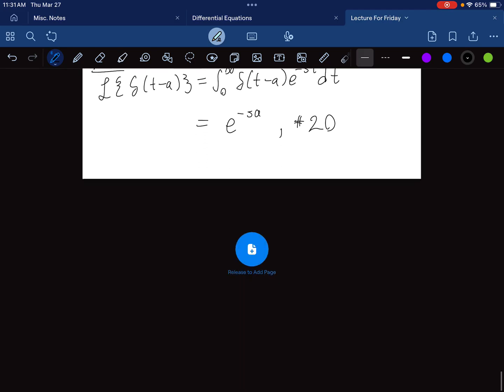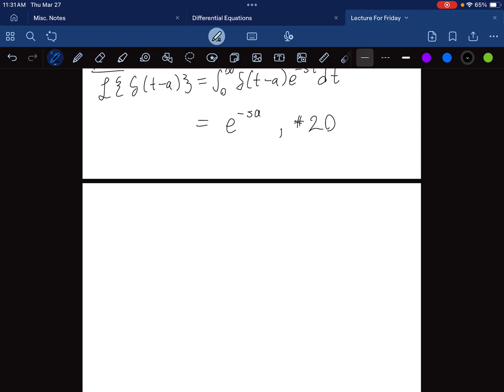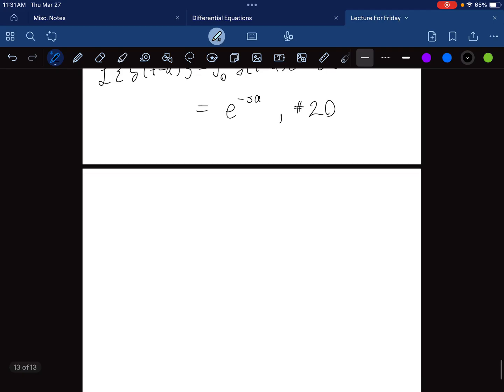And so with this, I think for next time, I will start with solving the example. We have a little more time actually, so I will work out solving this example, since some of the web assigns have you working through Dirac delta functions, taking the Laplace transform of that.